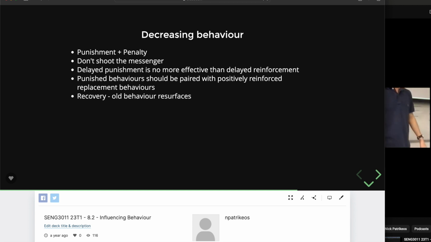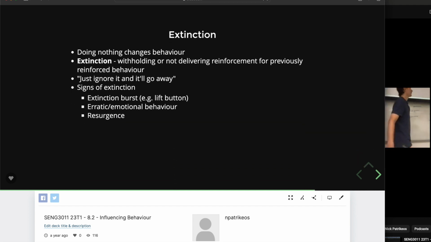Okay, extinction. This is one of my favorite parts. You can influence behavior by doing nothing. Because when you tell a joke and no one says anything, you don't get any response. You don't get told that was inappropriate.